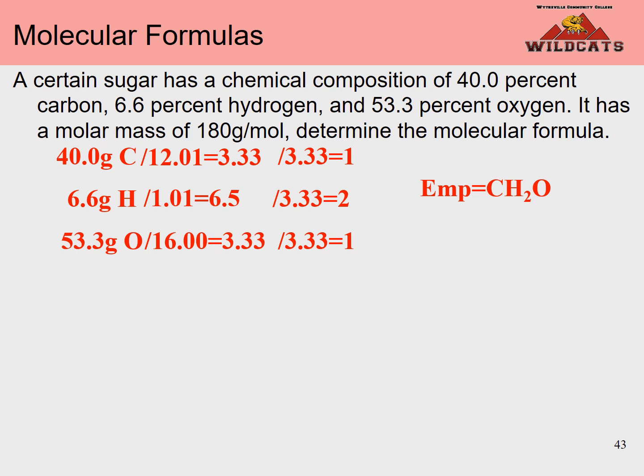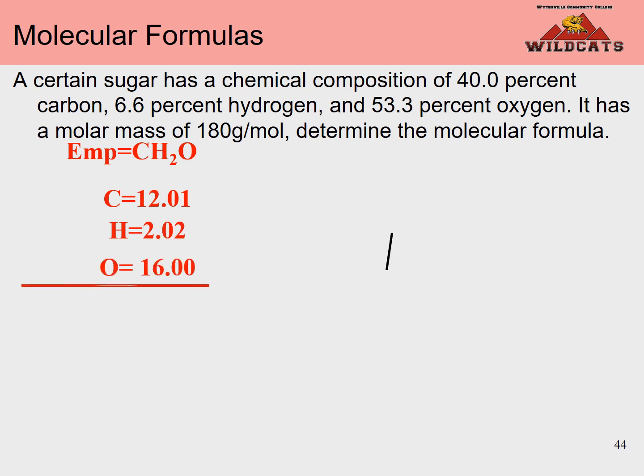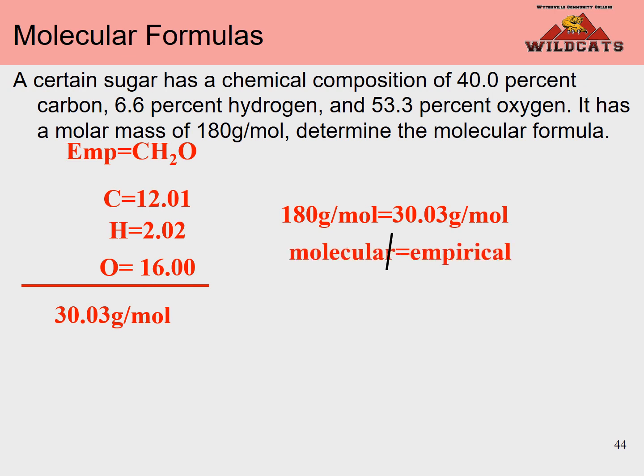To see if the empirical formula and the molecular formula are the same, I'm going to add up the mass of the empirical formula, and I end up with 30.03. If you'll notice, the 30.03 does not equal the 180, which means the molecular and the empirical formula are not one and the same.